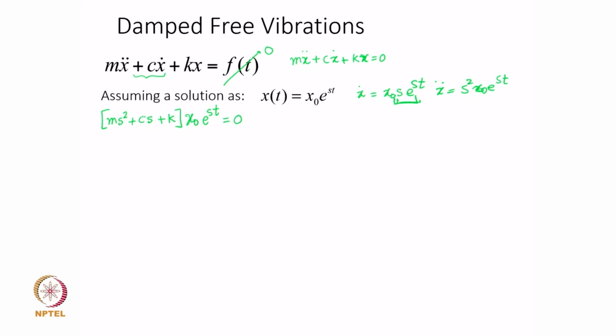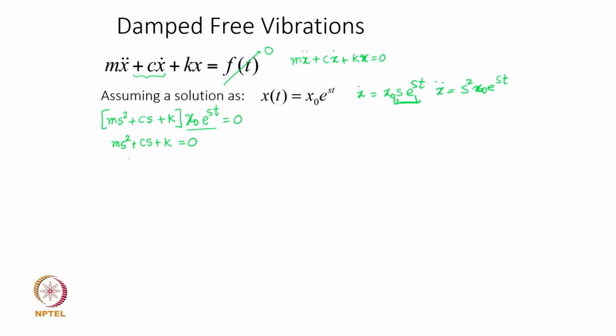And for the same reason why we said that these two terms cannot be 0 all the time, the only non-trivial solution to this equation is to set this equal to 0. Earlier we had m s square plus k equal to 0, from there we got two roots of this governing equation. Right. Now, let us look at this again, it is a quadratic in the root s.